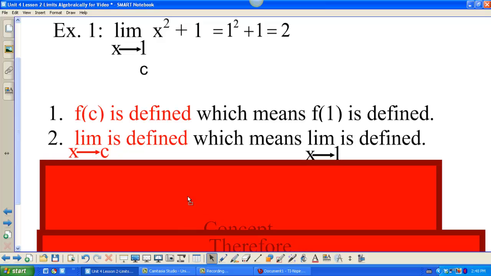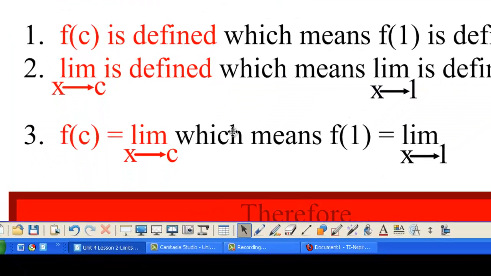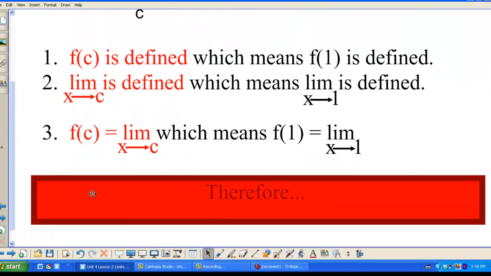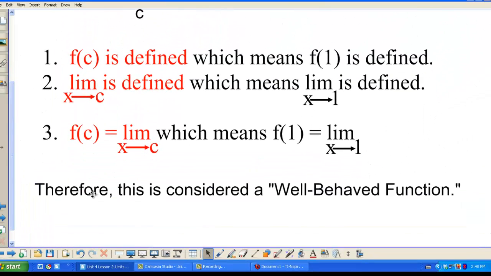Secondly, the limit exists. The limit is 2. What makes this well-behaved is that where c, or in this case 1, is defined on the graph, it's also equal to the limit. This is what makes it well defined. Therefore, this is considered a well-behaved function.